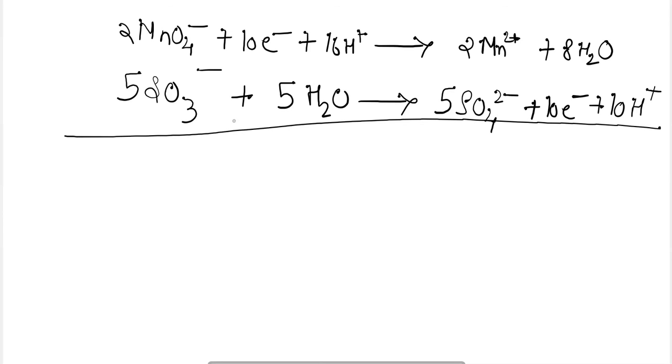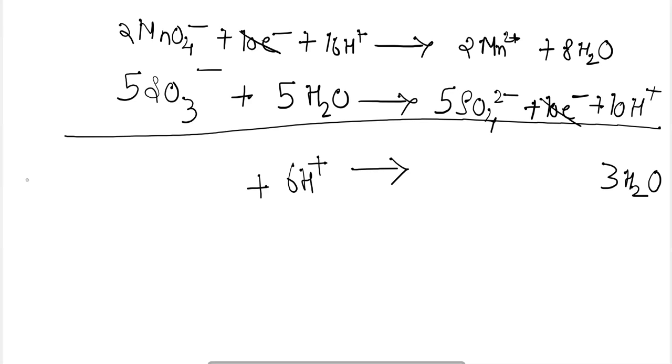Here the 10 electrons and 10 electrons get cancelled out, and 5 water molecules will be subtracted from the 8 water molecules. So 3 water molecules will be left, and 10 hydrogen ions will be subtracted from the 16, so it will be 6 hydrogen ions.